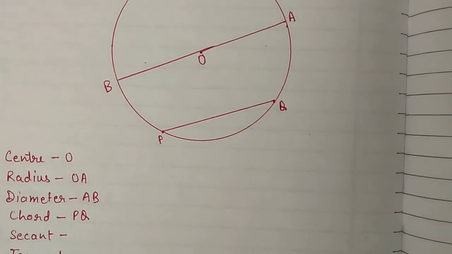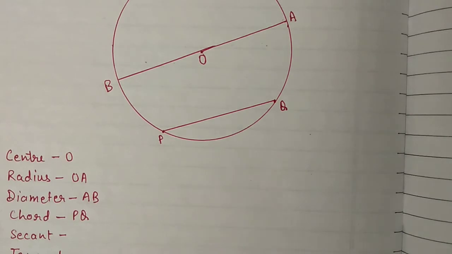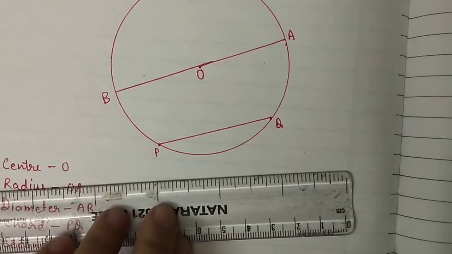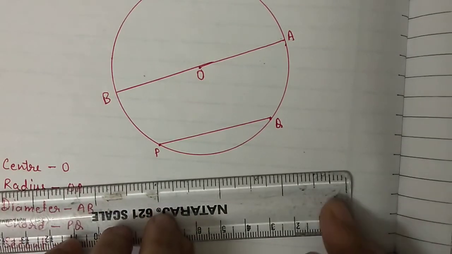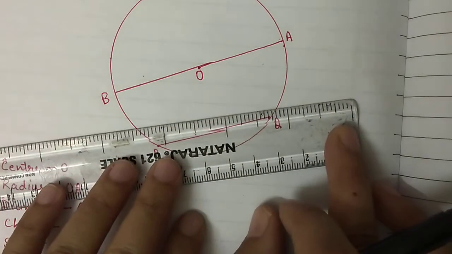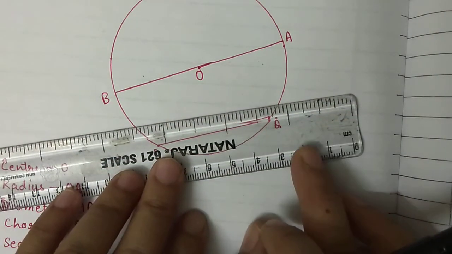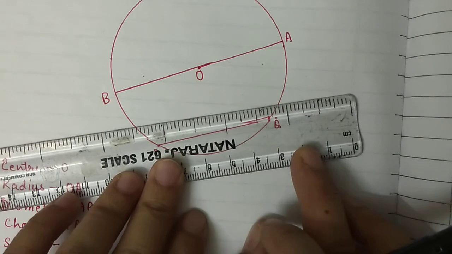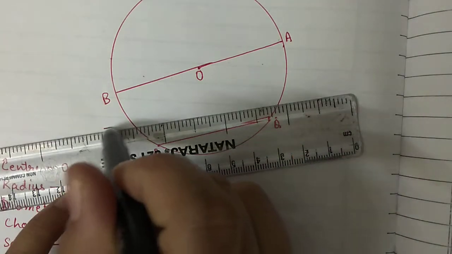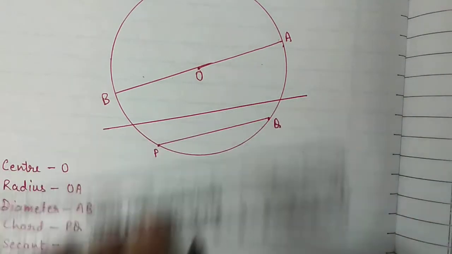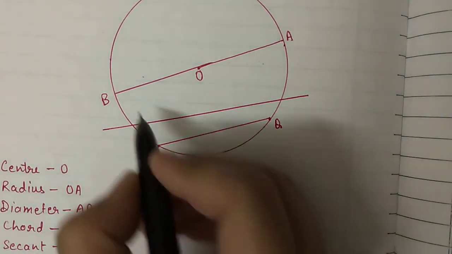Next thing is, what is a secant? Secant means a line cutting the circle at 2 points. Any line which will cut this circle at 2 points, it is not compulsory that it passes through the center, like this type of line, we will call a secant.